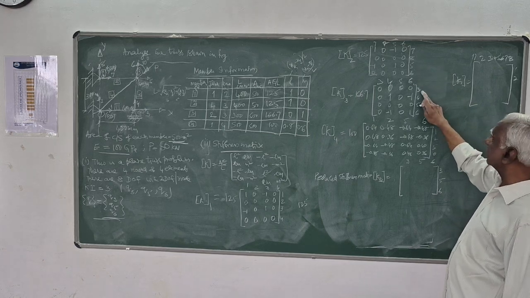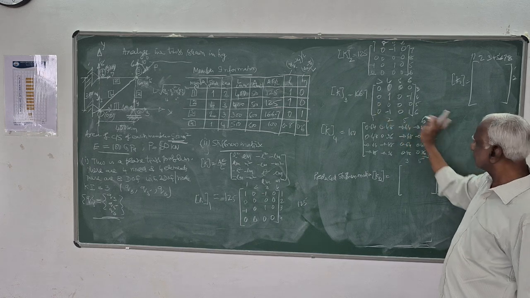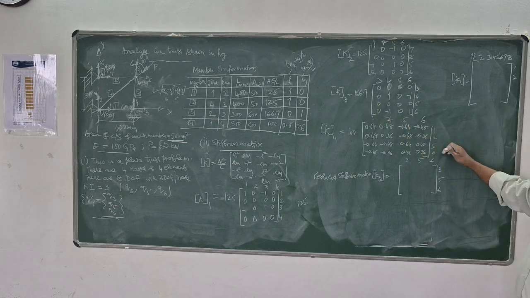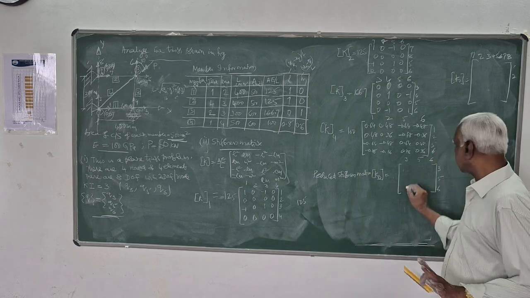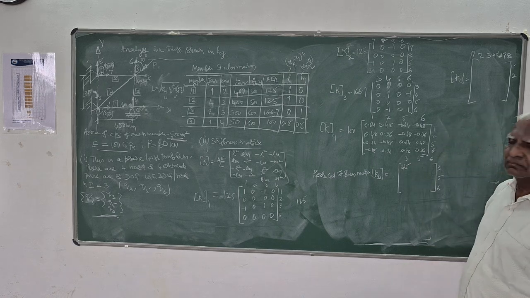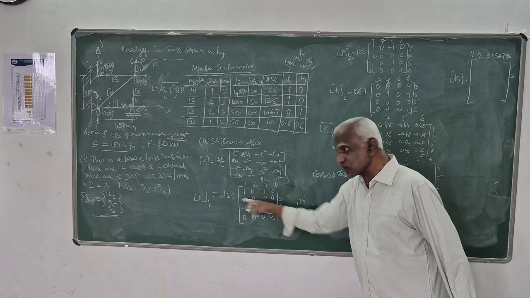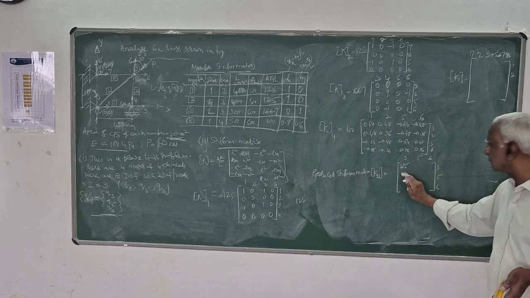Here you have 3, 3, 0. And here you don't have. Correct? So it is only 125. Is it clear? I will take that inside also.